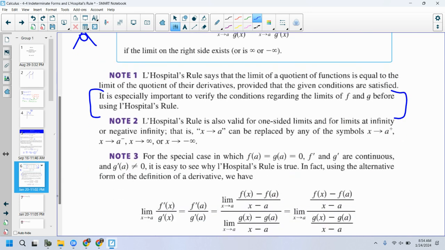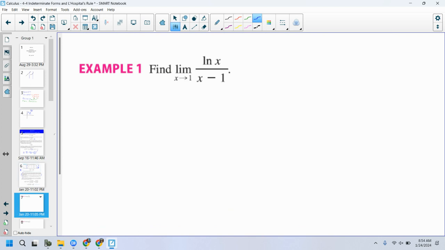I don't think we need to worry about part 3 there. Let's take a look at this one that we talked about at the beginning. Find the limit as x goes to 1 of ln of x over x minus 1. The first thing I have to do is make sure that this is an indeterminate form.